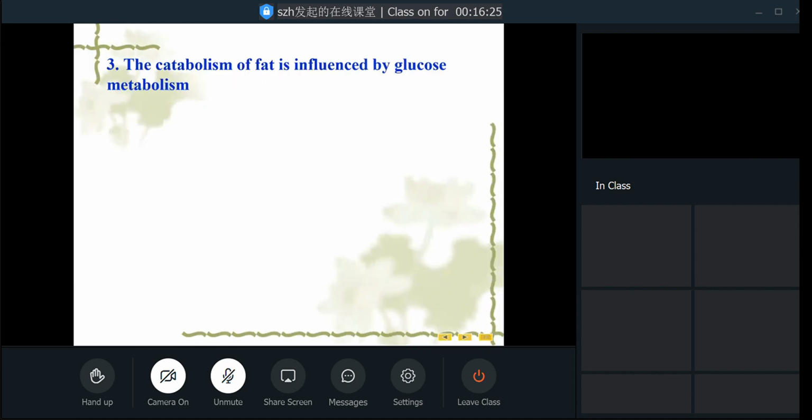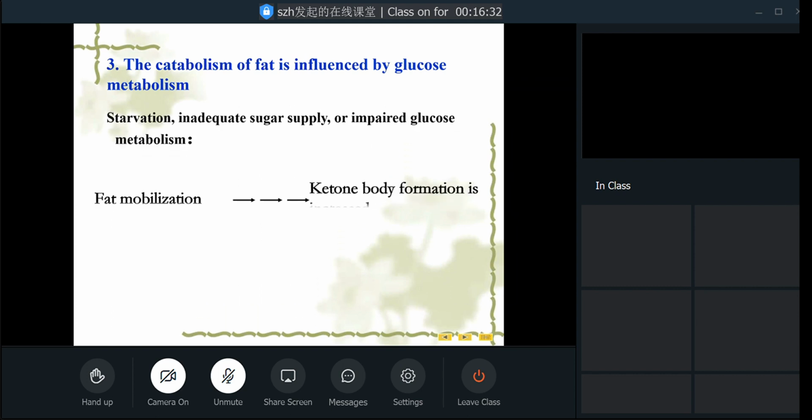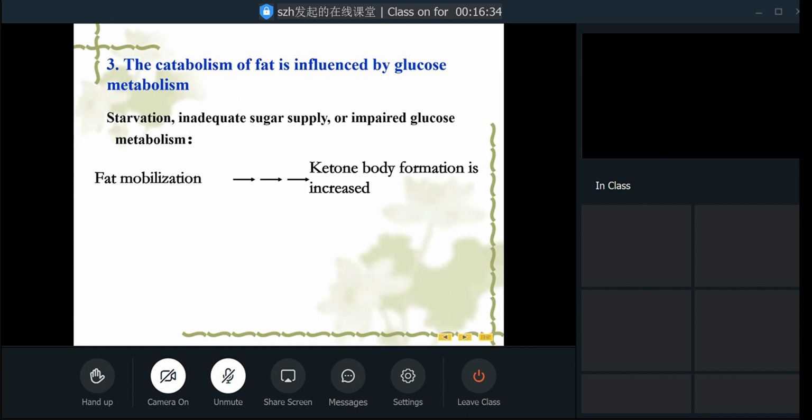And the third, you can say the metabolism of the fat is influenced by the glucose metabolism. For example, in starvation, sometimes glucose supply is a shortage, which impedes the glucose metabolism. And at times, you can say fat mobilization increases, and the ketone bodies produced increase.